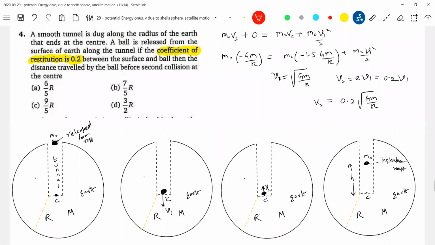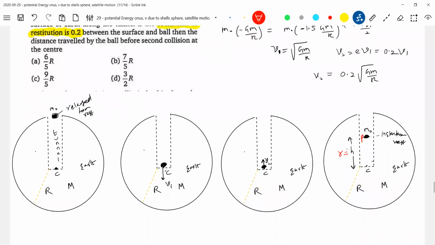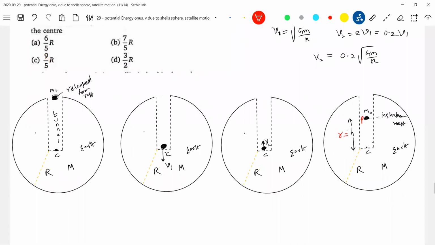Now, how to calculate that height? We should know at what height. Let this distance be h or r, anything you can write. Shall we apply again, from C to point P, the conservation of mechanical energy? At point P it will come to instantaneous rest, and we know the speed at point C is v2.